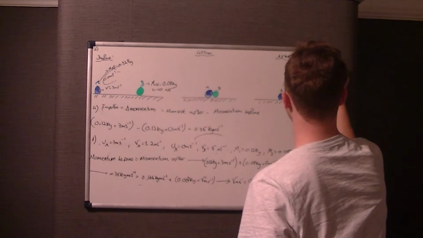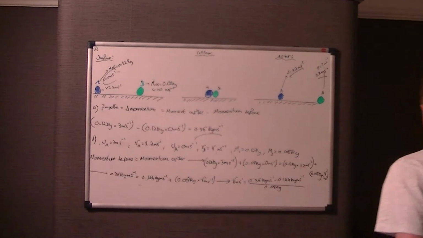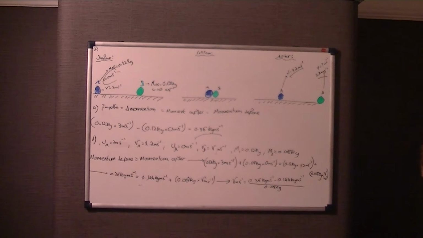So 2.7 meters per second is the final velocity of B after this collision.